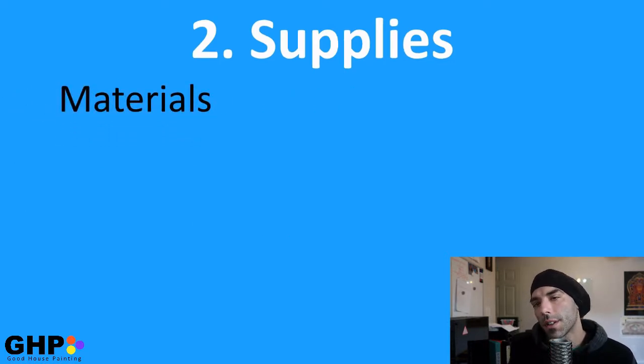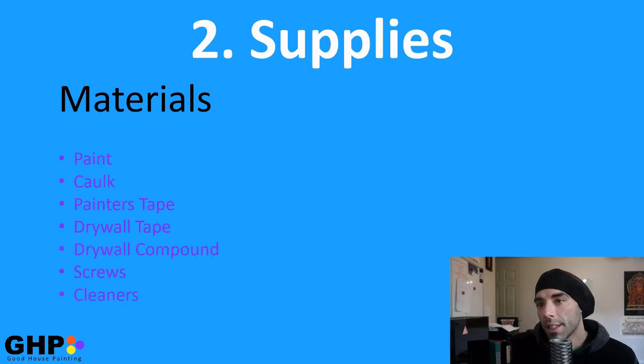The materials that you're going to need are the paint, caulk, painter's tape, drywall compound, drywall tape, and cleaners.